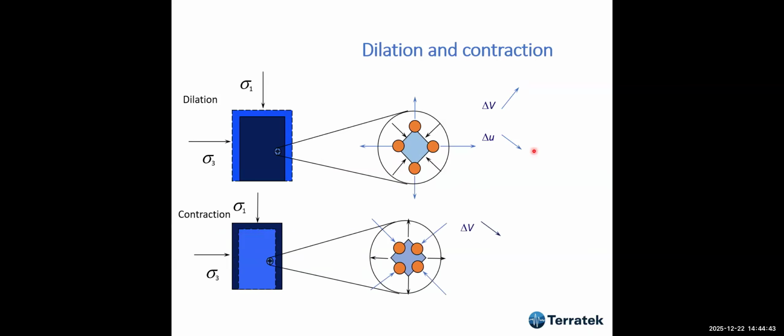We have a decrease in volume, and the pore pressure goes up. And this is the problem that may lead to liquefaction. If you have contractive material that leads to very high pore pressure, you may have liquefaction.